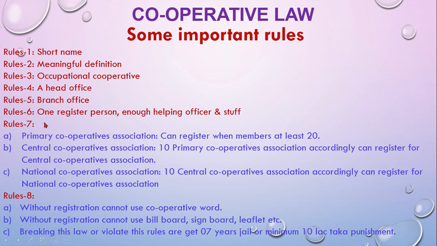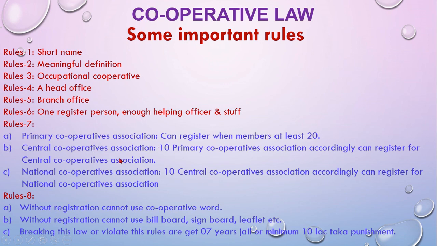Rule number 6 is that definitely one person should register the cooperative, and that cooperative should have enough helping officers and staff as well. Number 7 is that a primary cooperative association should have 20 members. A central cooperative association should have 10 primary cooperatives, and the national cooperative association should have 10 central cooperative associations.